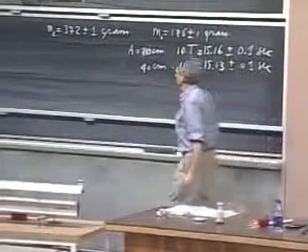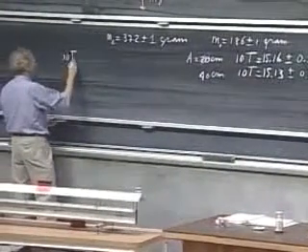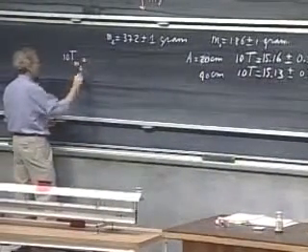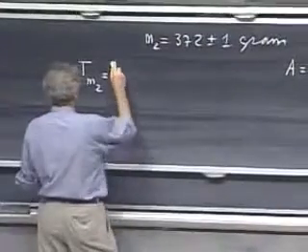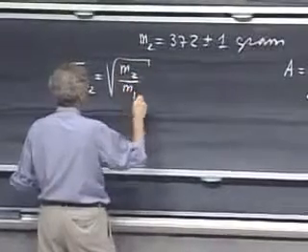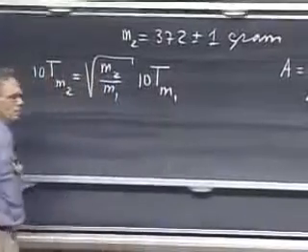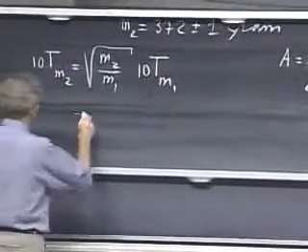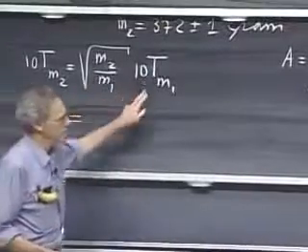So now, I'm going to measure the 10 periods of this object with mass m2, so twice the mass. So that should be the square root of m2 divided by m1 times 10 times the period of m1. And so I can make a prediction, because this is the square root of 2, and I know what this is.